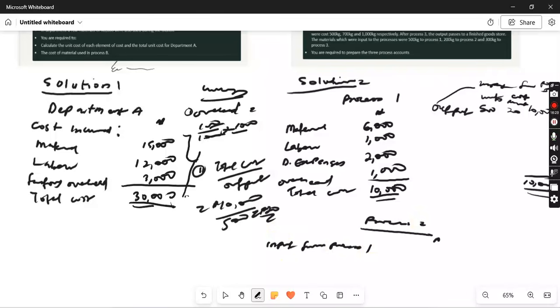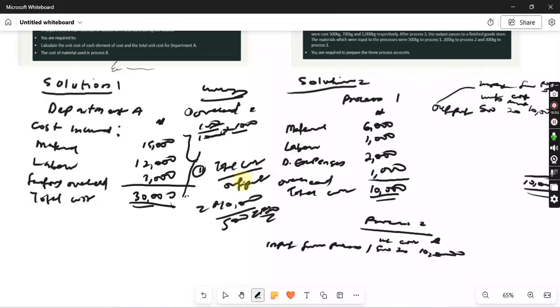Let's have the naira sign. What's the value of our input from process 1? Which is 500 times 20, which is 10,000. That is 500 units at a cost of 20 per unit.